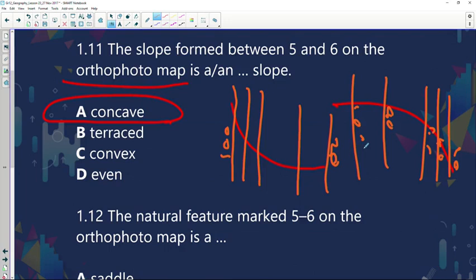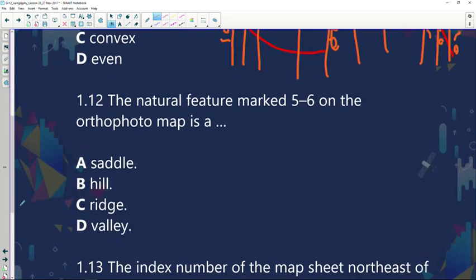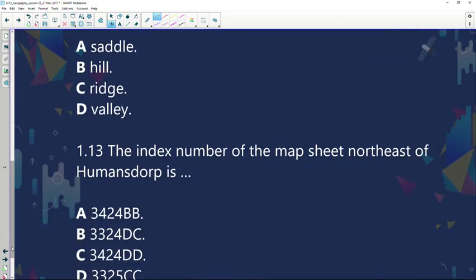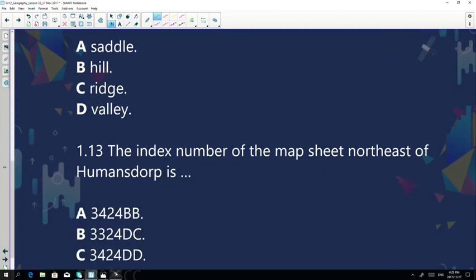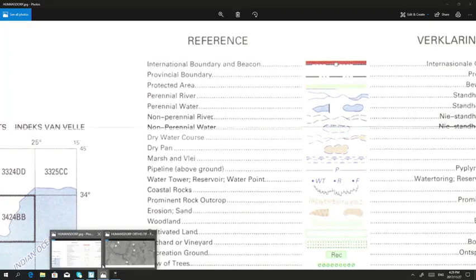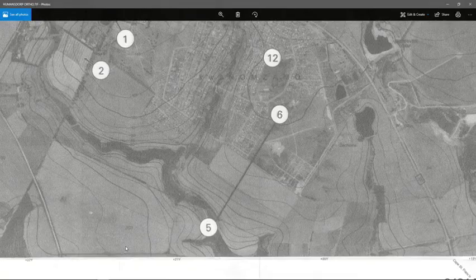Now question 1.12. The natural feature marked 5 to 6 on the orthophoto is which of the following? Is it a saddle, a hill, a ridge, or a valley? These are landforms that you need to be able to know, and the first time you were introduced to them was in grade 10. So you need to be able to tell the different landforms.